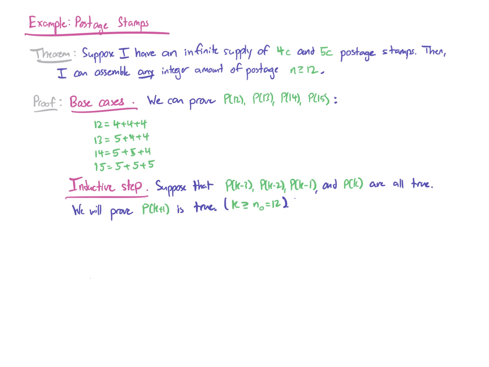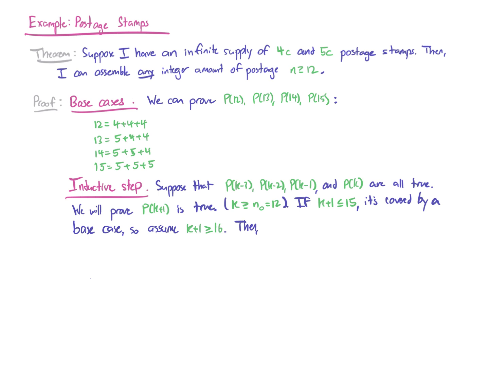Okay, so if k plus 1 is less than or equal to 15, it's covered by a base case. So assume that k plus 1 is greater than or equal to 16.